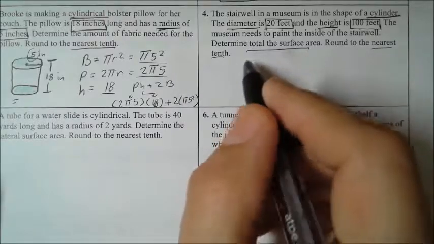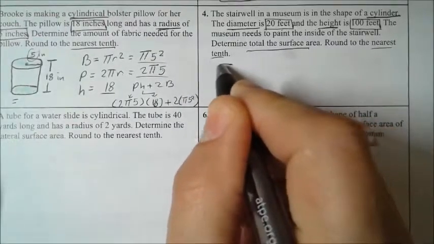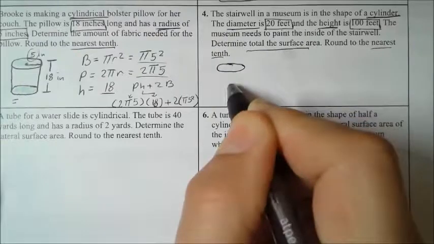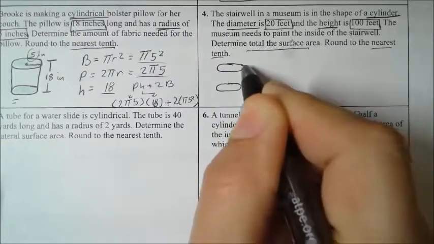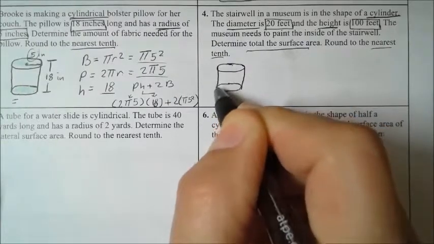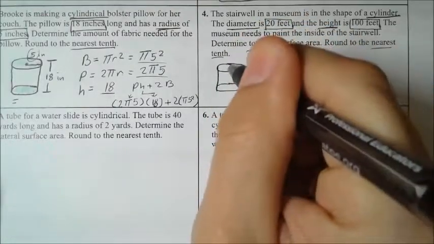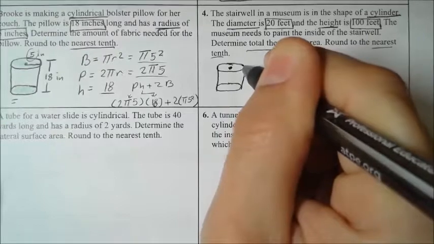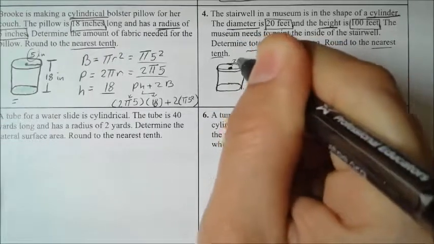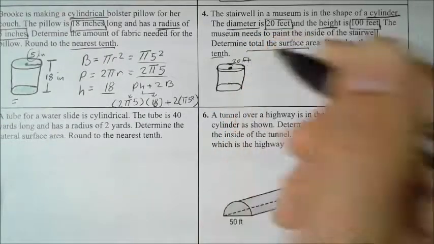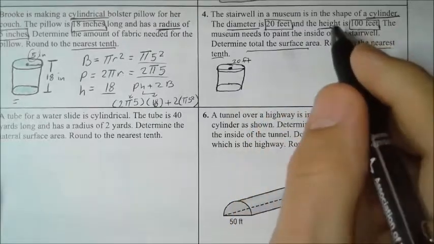So let's go and draw a picture. It says that the stairwell is going to be in the shape of a cylinder. So I know that sounds kind of odd, but let's go ahead and draw a cylinder. Anytime it says cylinder, just draw a cylinder. It says the diameter is 20 feet. Now the diameter, unlike the radius, it goes all the way across, and that's 20 feet. Then it says the height is 100 feet.